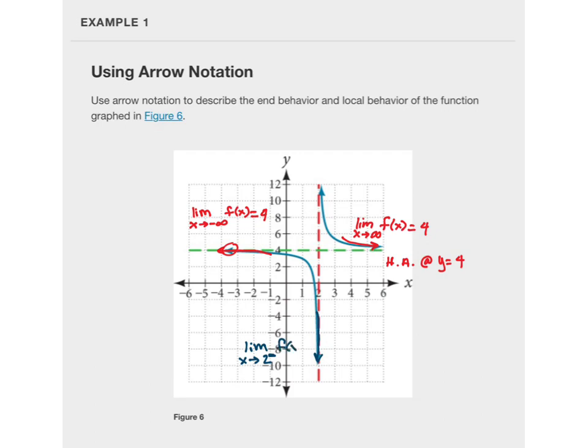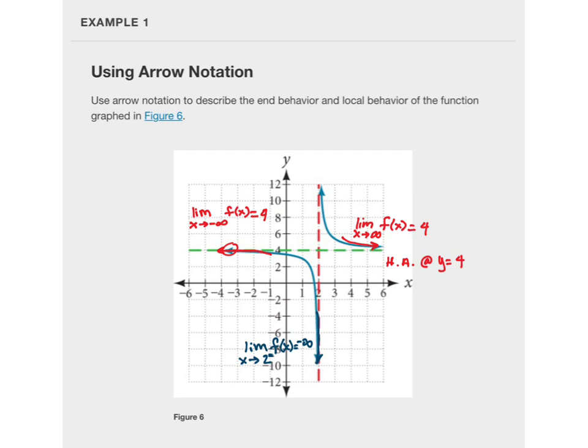Of f of x is what? Where does it go? Where does this line go? Negative infinity. Down. So the limit as x approaches 2 from the left of f of x is negative infinity.